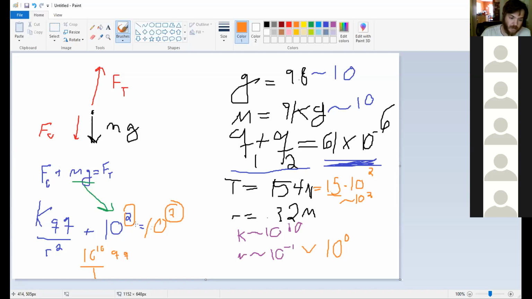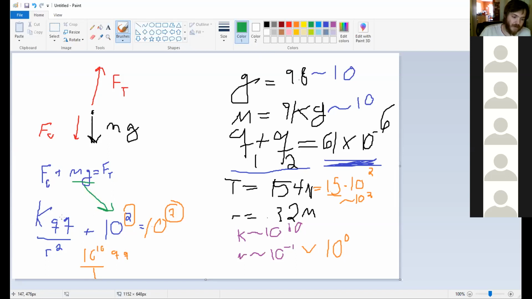Does that make sense? I'm kind of lost on where we are. Is this the green sphere? Right here? So this is about 10 to the 2. Mg is about 10 to the 2. Ft rounds to about 10 to the 2. So that means that this has to round to about 0.